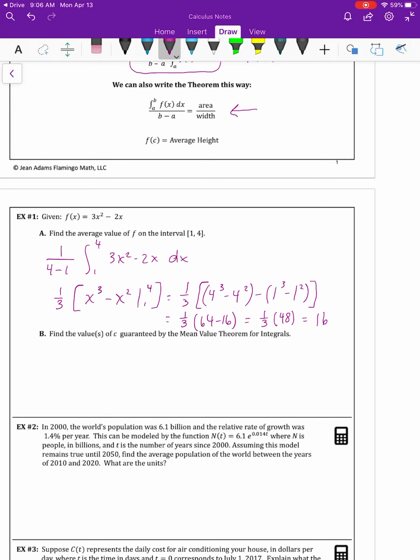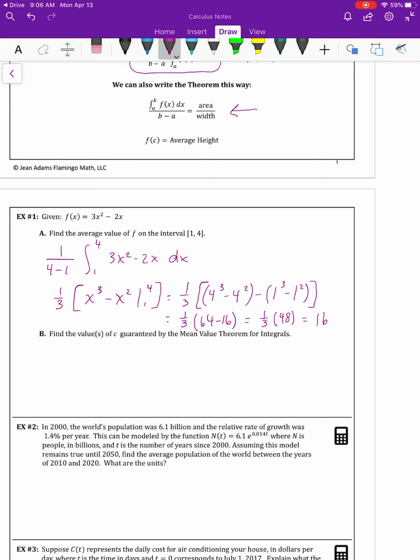So c equals 8/3 is where f of x achieves its average value of 16. And you could say on 1, 4, because of course it was specifically on that interval, okay?